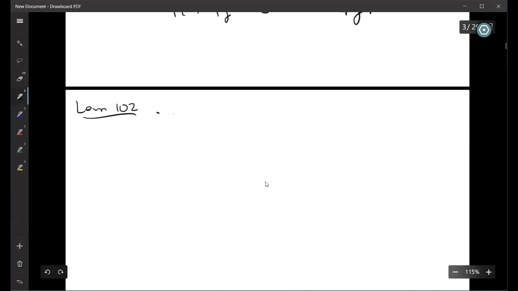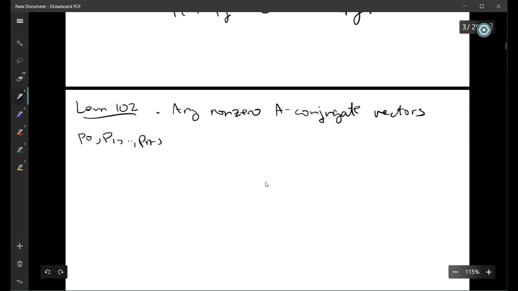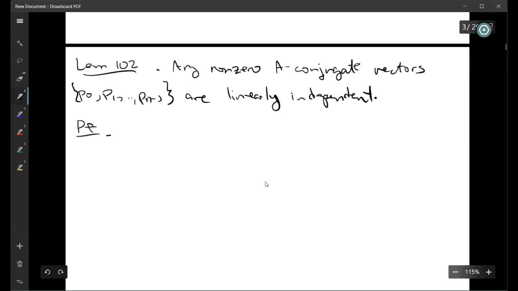It says that any non-zero A-conjugate vectors p_1 to p_{n-1} are linearly independent. And here's a short proof of this one.